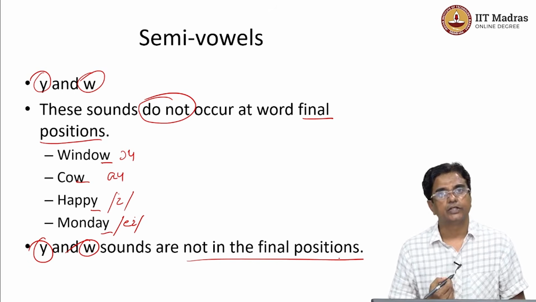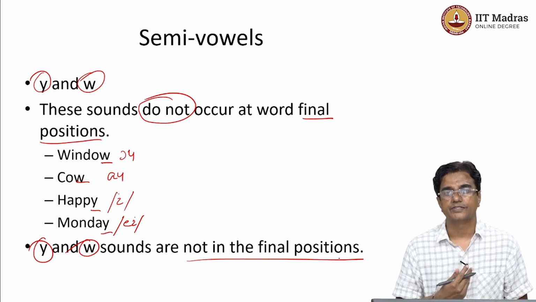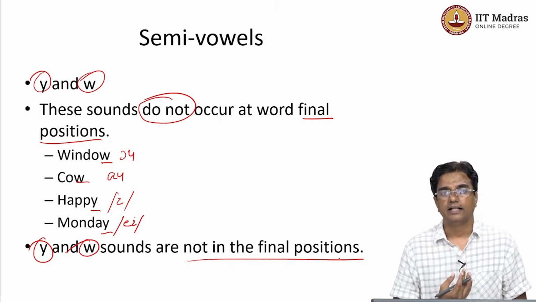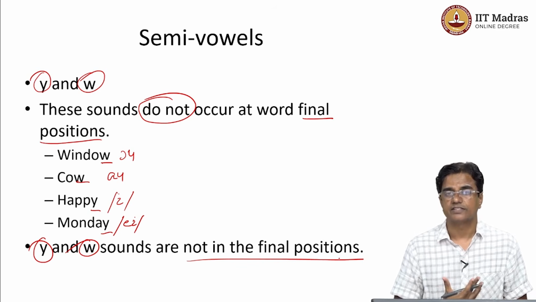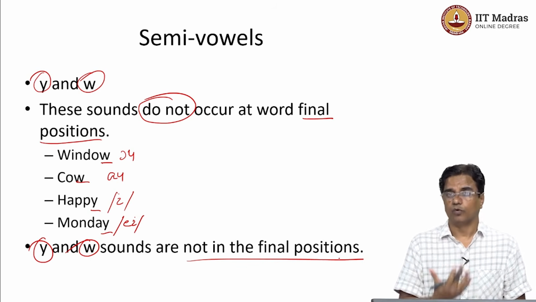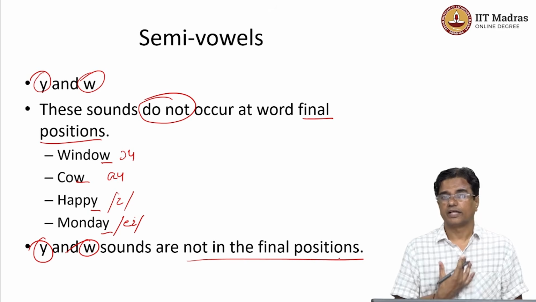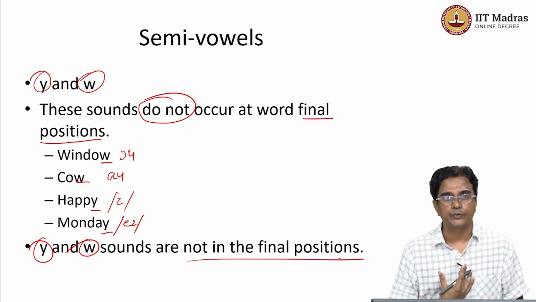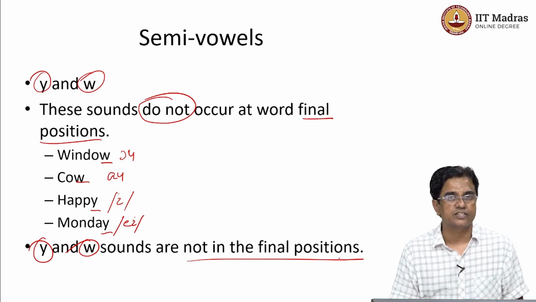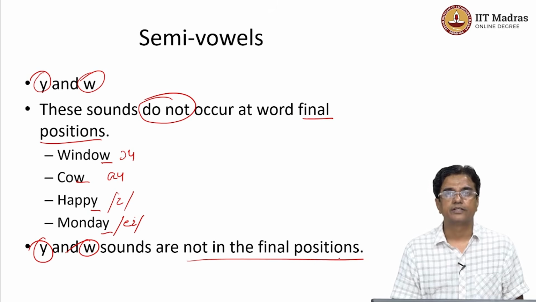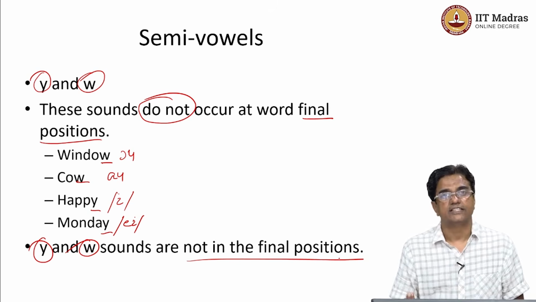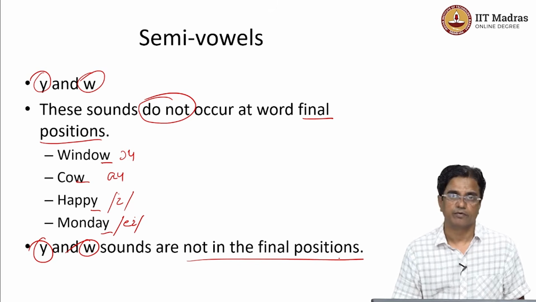You know that they are not syllabic because for making a syllable they need another vowel, and therefore they are called semi-vowel sounds, not full vowels. They can be produced without much obstruction in the oral tract, and therefore they sound like a vowel, and still, because they are non-syllabic, they are called semi-vowels.